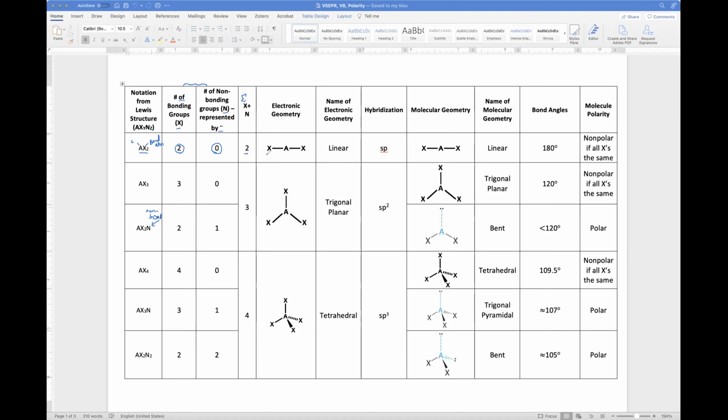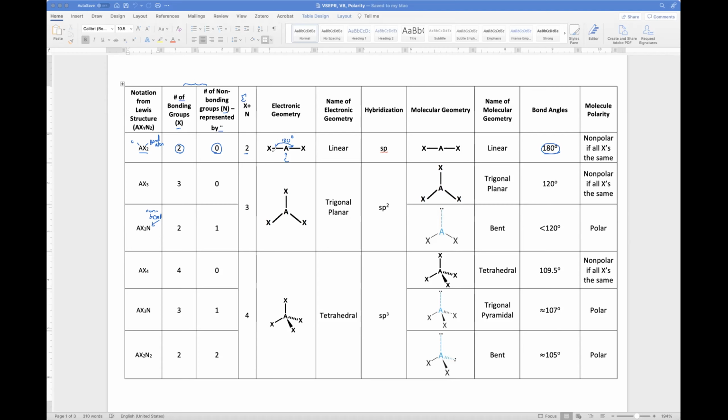Anytime there are two things attached to the central atom, they will be at a 180 degree angle, which I actually have listed over here in the next to last column. They will be at a 180 degree angle from each other because that's where repulsions are minimized.